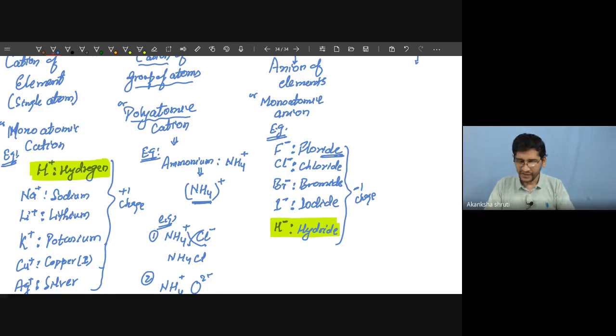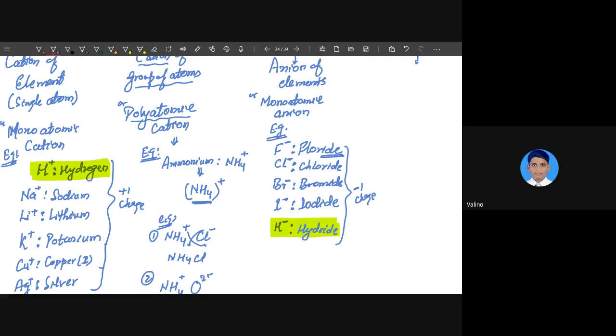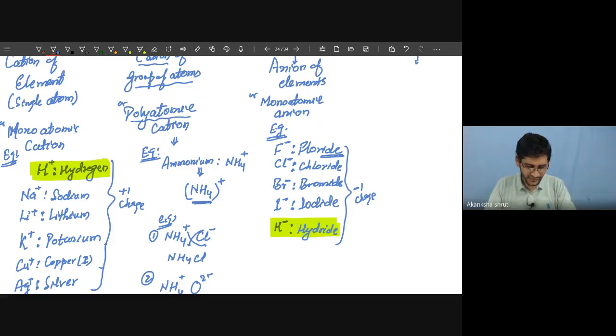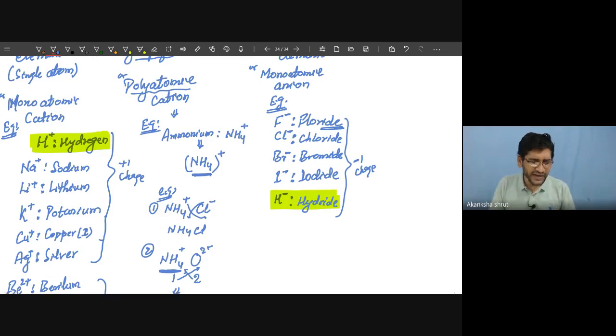So it is also called a monoanion. Considering the valency, the name will be given, which I will write at the end. It is also possible to carry 2 unit negative charge. Like we had written, oxygen is written as O minus.